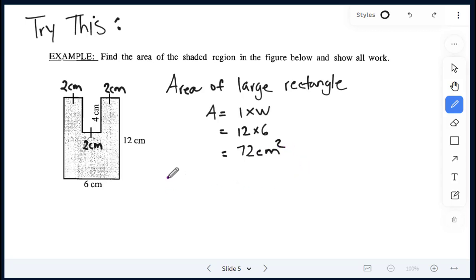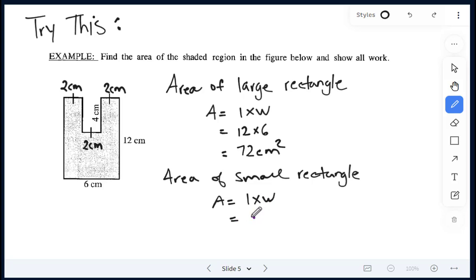Next, we have to figure out the area of the small rectangle. And the dimensions for that is 2 times 4. Okay, again, length times width, which is 4 times 2. That is equal to 8 centimeters squared.